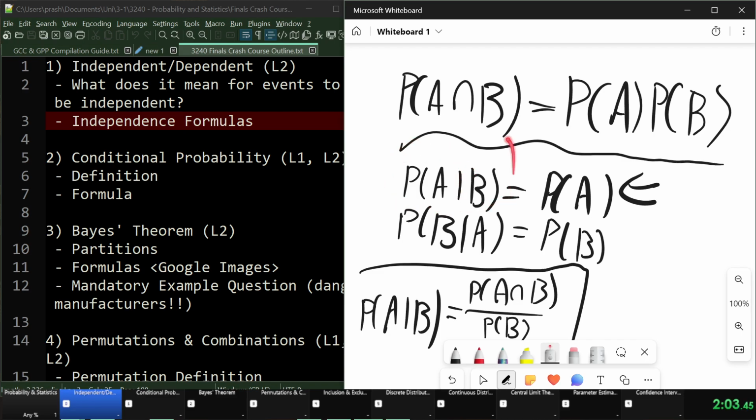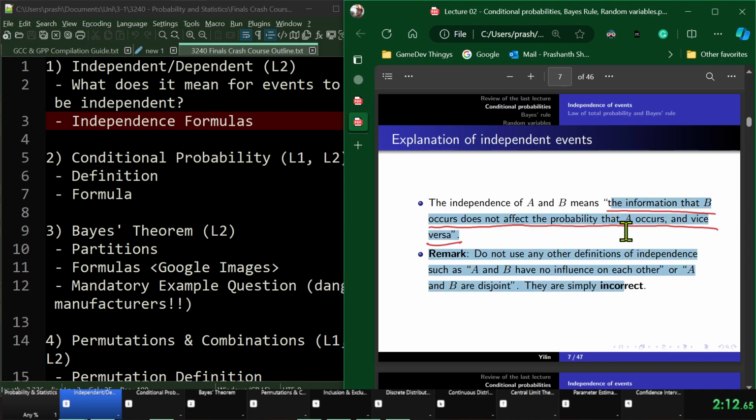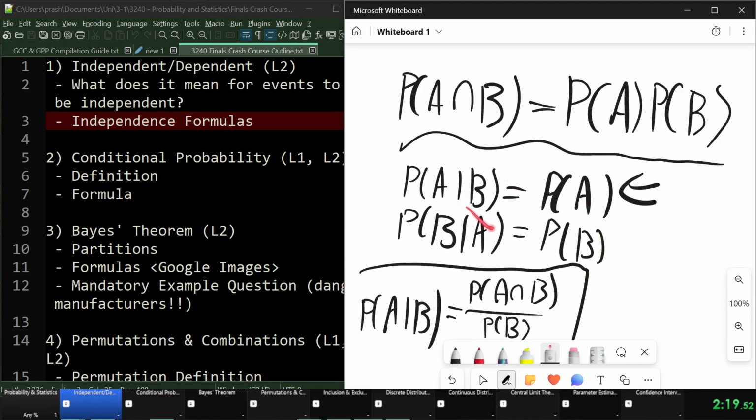The probability of A occurring, if B occurred, is still the same as the probability of A. That's what this sentence means. It's not about disjoint, it's not about having no influence. It's just saying that if B occurs, A doesn't really care. Probability of A will still be the probability of A. Same with B. If A were to occur, B doesn't care. Probability of B would still be the probability of B.